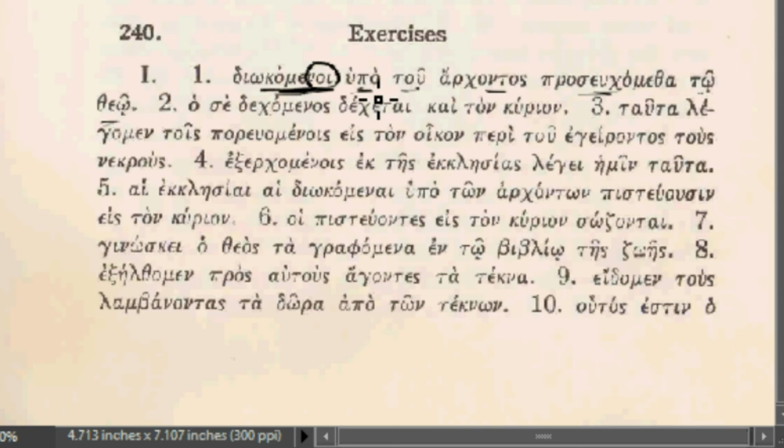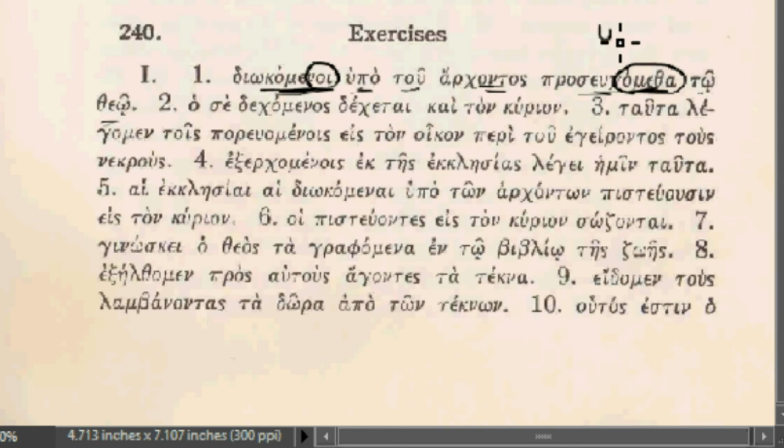So being persecuted, hupo tu archontos, in the genitive, by the ruler. Then proseukometha, we've had proseukomai, which is I pray. This is the first person plural. We pray, to theo, to God.